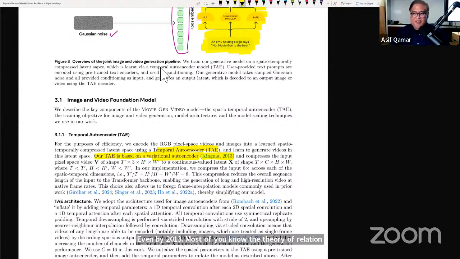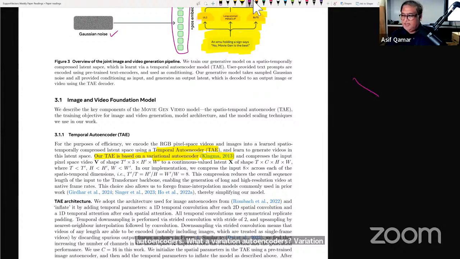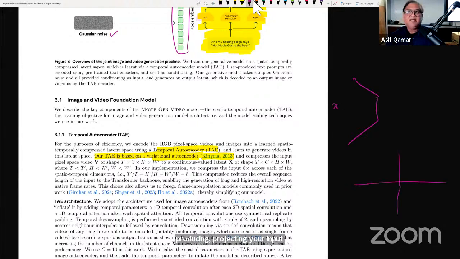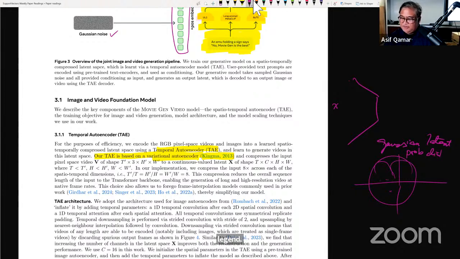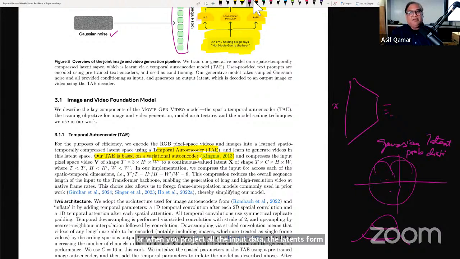Variational autoencoders are encoders that insist on projecting your input into a latent space where the data distribution is inherently Gaussian, right? A Gaussian latent probability distribution. Gaussian is like a bell hill. In the latent space, when you project all the input data, the latents form a Gaussian. Think of it like a bell hill of sorts, right?